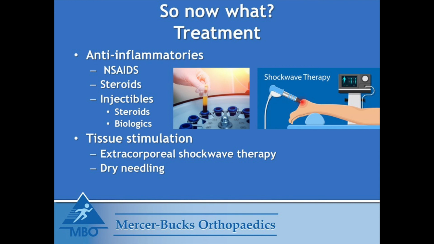There's also a treatment which is non-surgical called tissue stimulation, and these are two examples of that. There's extracorporeal shockwave therapy, sometimes known as EPAT as well, but it's shockwave therapy. What it is, and this is a picture of it, it's literally delivering a wave frequency to the tissue that helps break up scar tissue, it helps break up inflammation, and our tendons are made of collagen fibers.